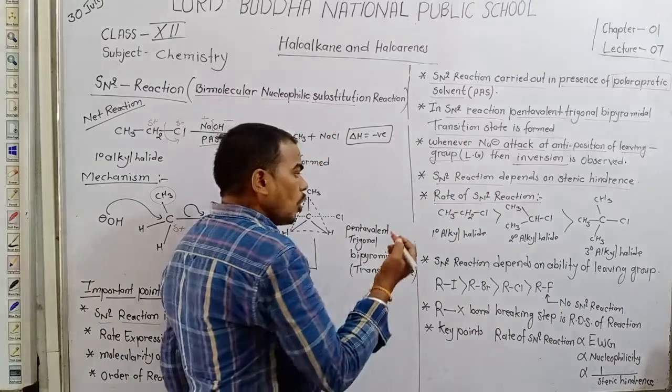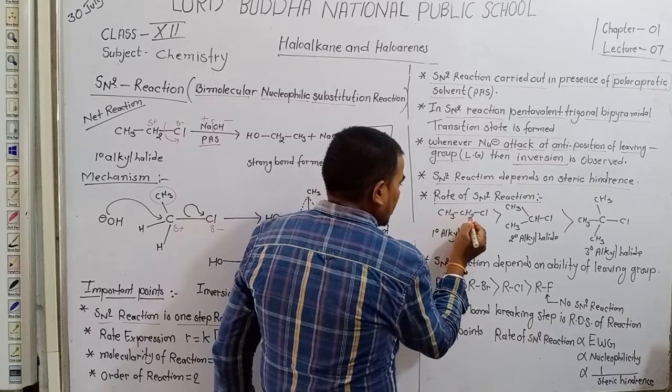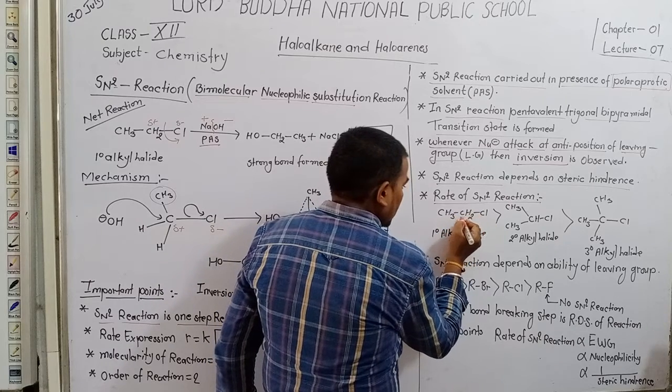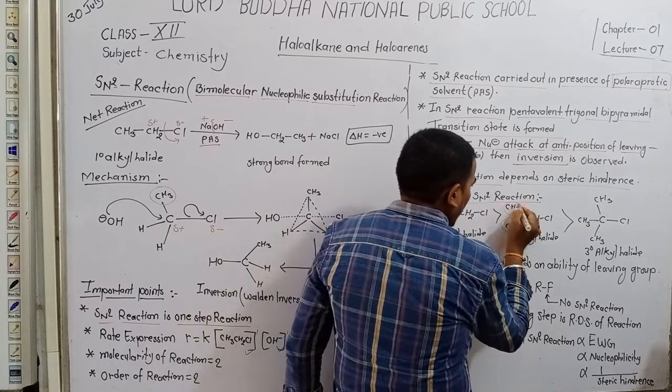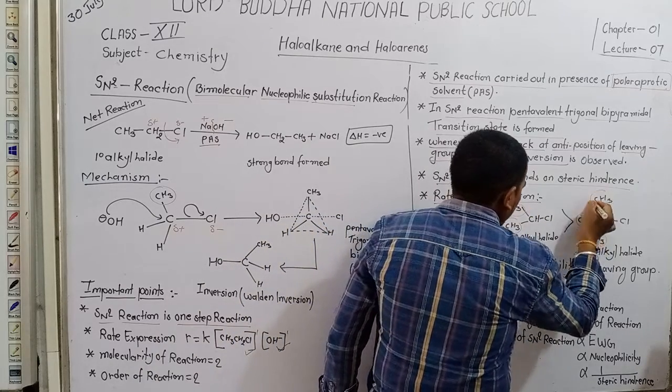You observe here the carbon which attaches with chlorine has a single alkyl group, but here 2 alkyl groups and here 3 alkyl groups are present.